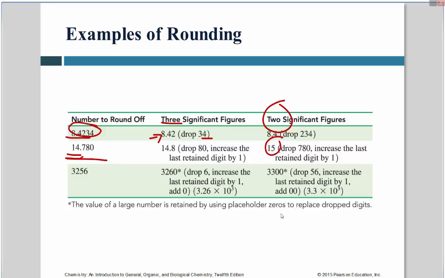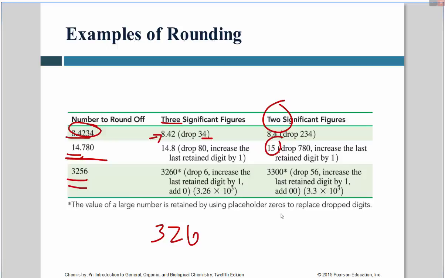The next one can be a little bit more confusing. 3256. If we want to round it to 3 significant numbers, we take the first 3. That becomes 325. But that 6 rounds it up to be 326. But 326 is not a rounding up of 3,256.